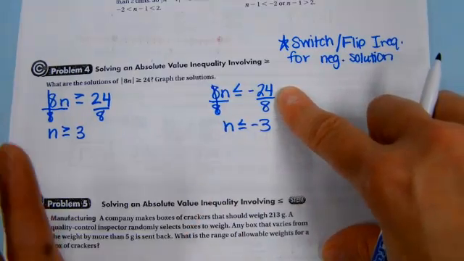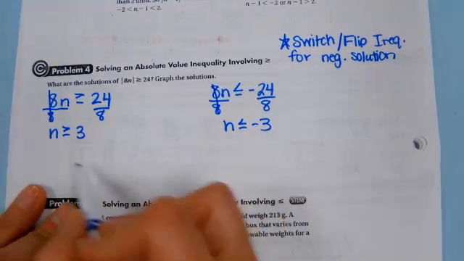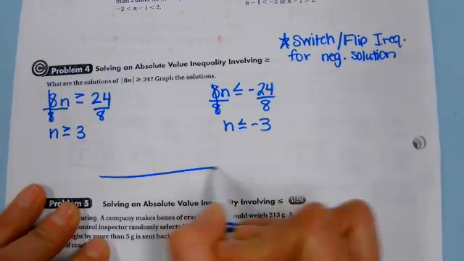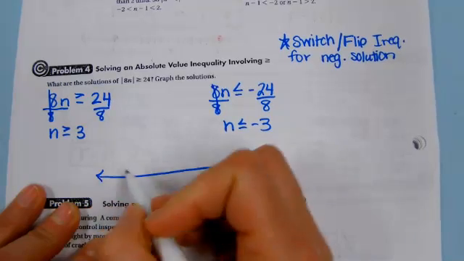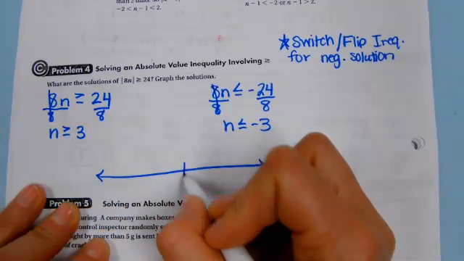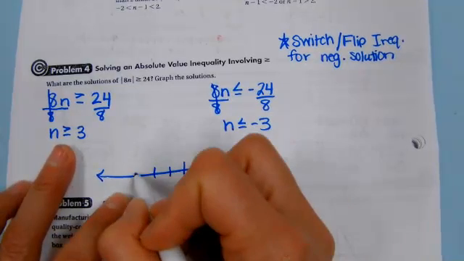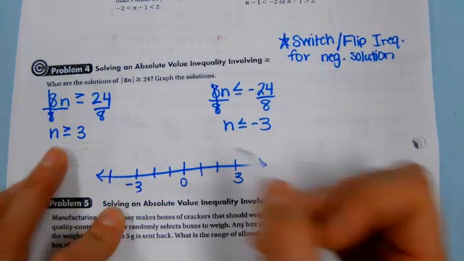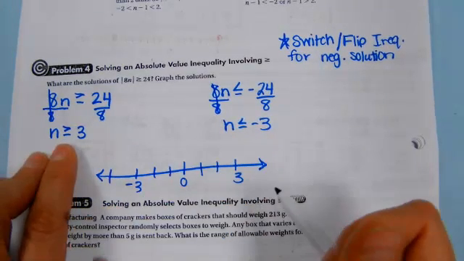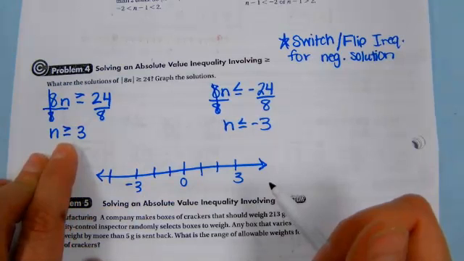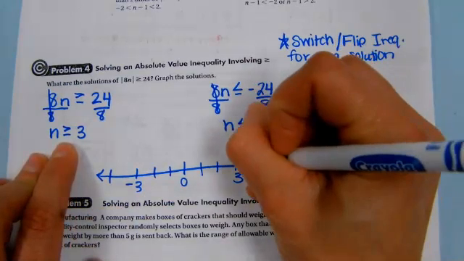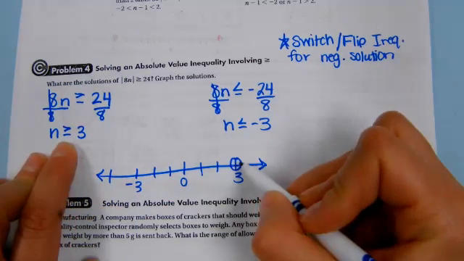Okay, so now what I want to do is graph it. So in this case, I'm going to put in 0, 1, 2, 3. Here's positive 3. 1, 2, 3. Here's negative 3. And I'm going to do each one separately. So n is greater than or equal to 3, I'm going to do first. Is that open or closed?